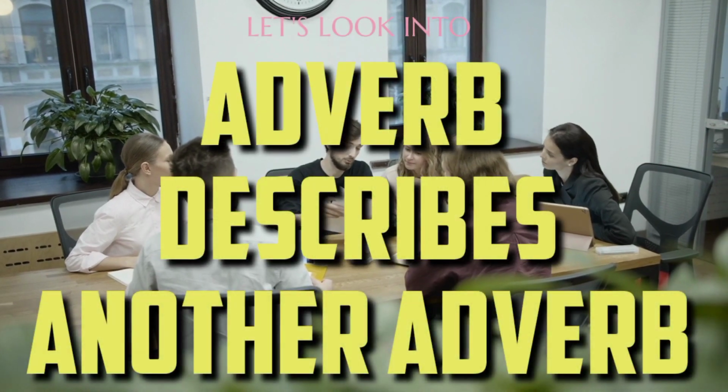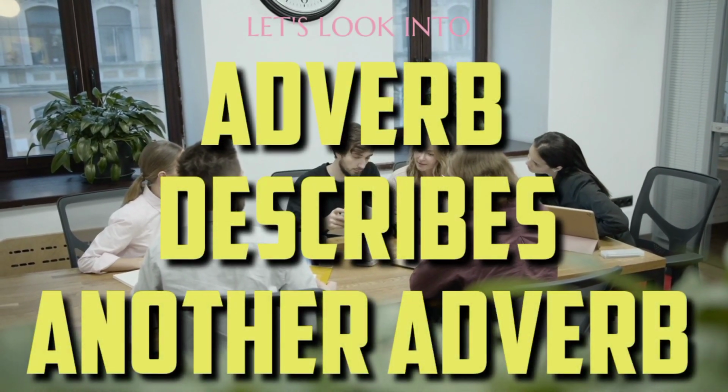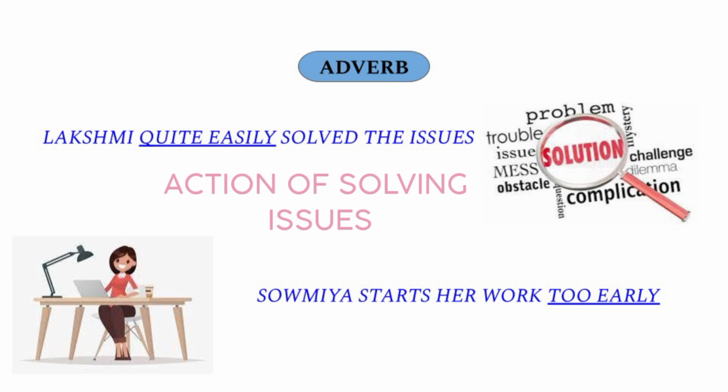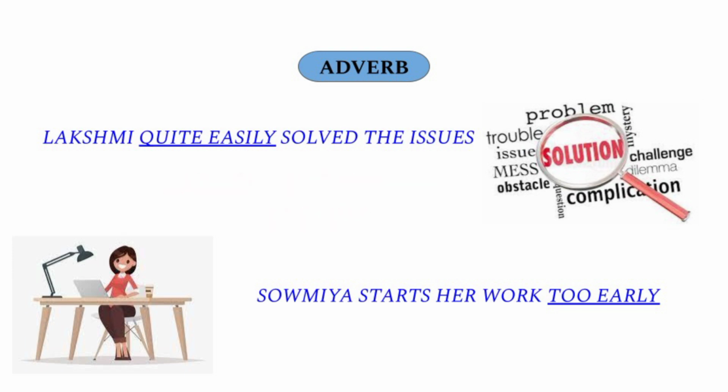Let's look into some examples of an adverb describing another adverb. Here is the example: quite easily solved the issues. Here easily is describing the action of solving the issues, so it is an adverb, but the word quite is used here to describe the adverb easily.